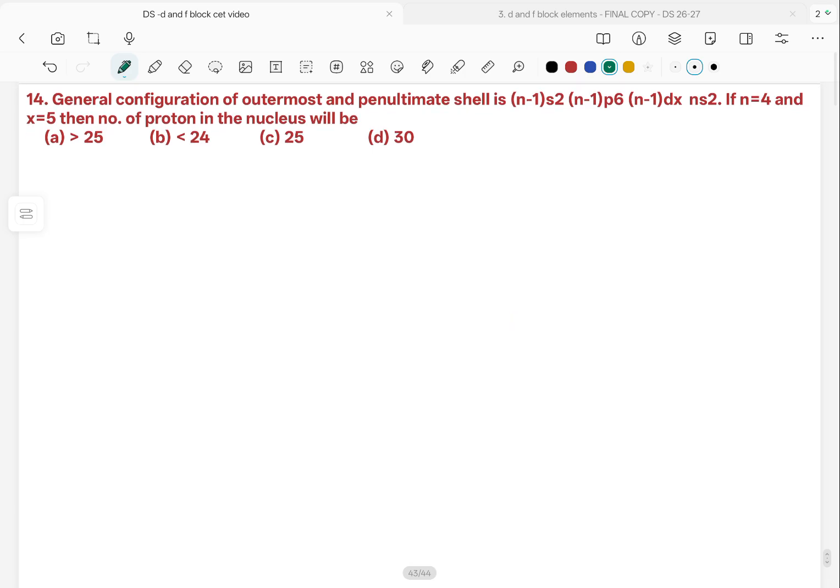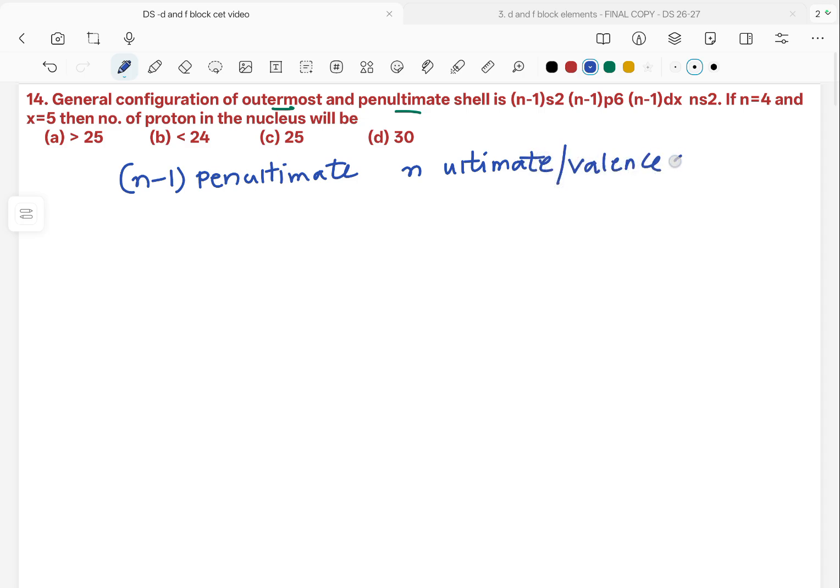The question is the general electronic configuration of outermost and penultimate shell. N minus 1 is called penultimate shell, and NS or N is given as ultimate shell. N is ultimate shell or also called as valence shell. In the question, we are given N value as 4 and X value as 5.